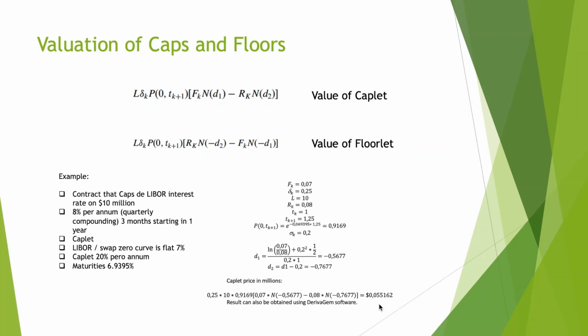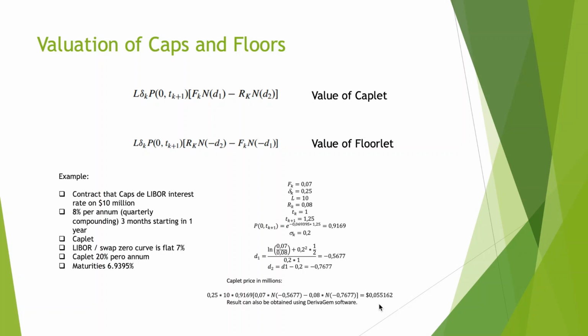So in the expression of the value of the caplet, d1 is equal to minus 0.5677, d2 is equal to d1 minus 0.2, that is equal to minus 0.7677.